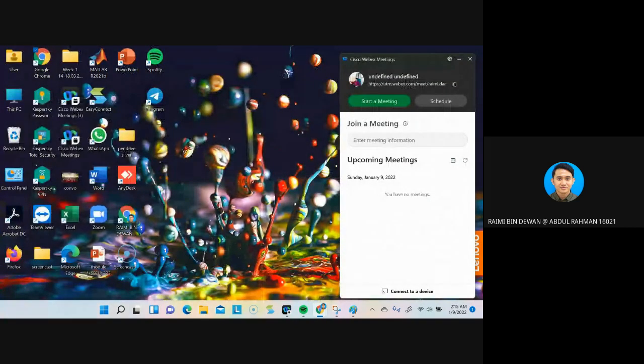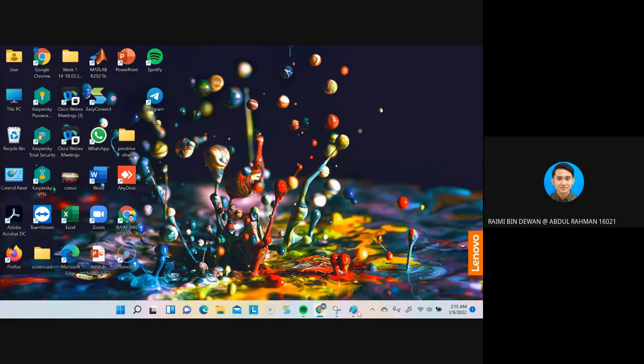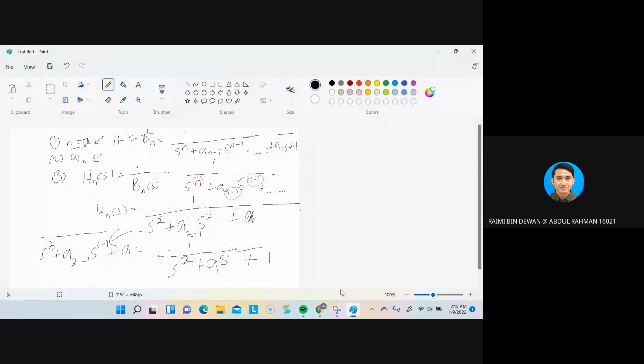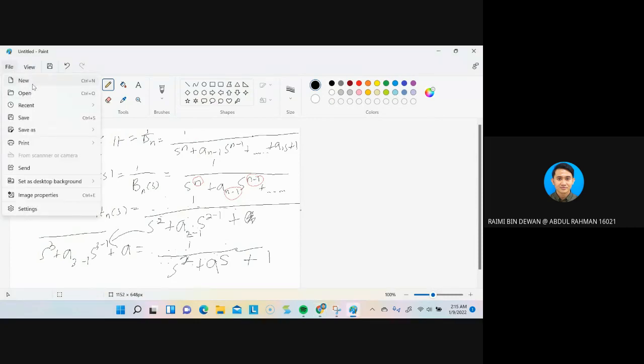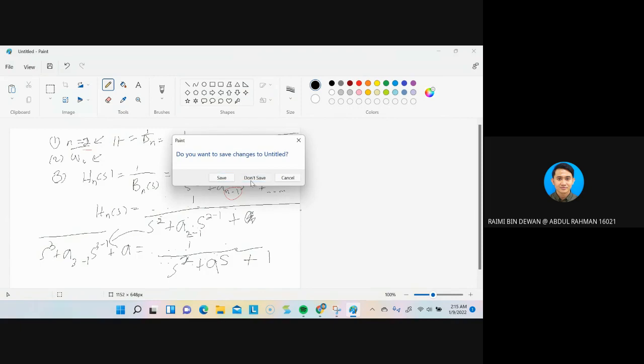You can refer to the slide while I'm showing the steps. I'm sorry because I cannot show both screens, so while I'm showing the steps, you cannot see the question. So we go to a new page.